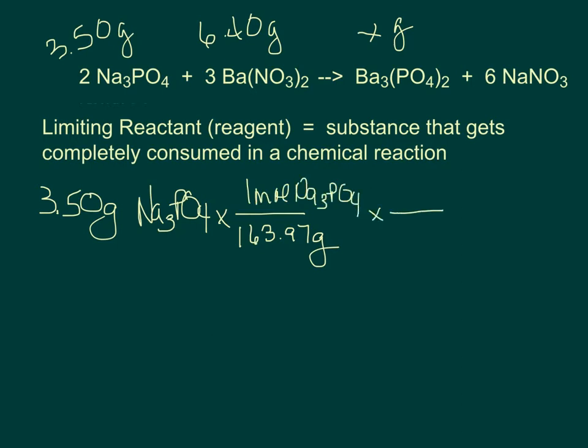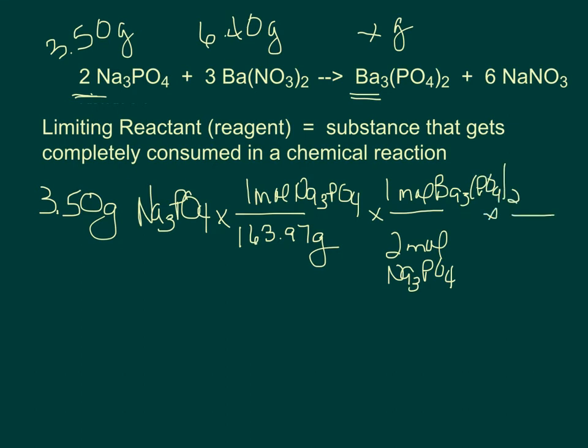Then we do our mole-to-mole ratio, and there are 2 moles of sodium phosphate for every 1 mole of the barium phosphate.